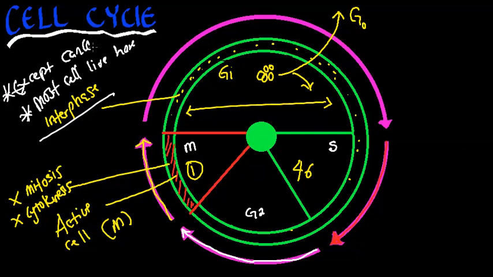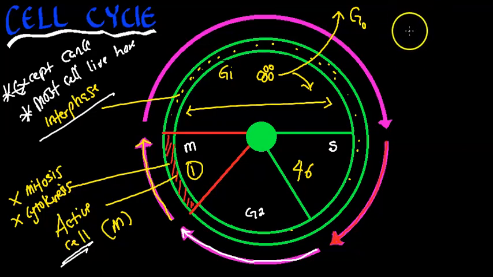Another main phase of the cell is the active cell division. This is the active cell division, sometimes denoted with M, also called mitotic. The mitotic phase itself includes two main processes, which are mitosis and cytokinesis. Let's put it down.